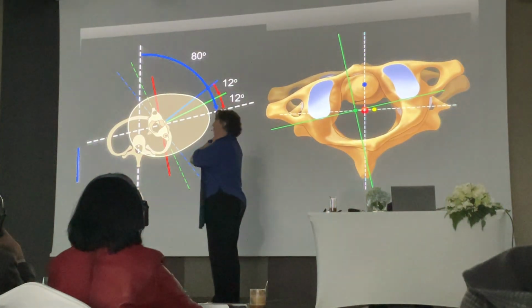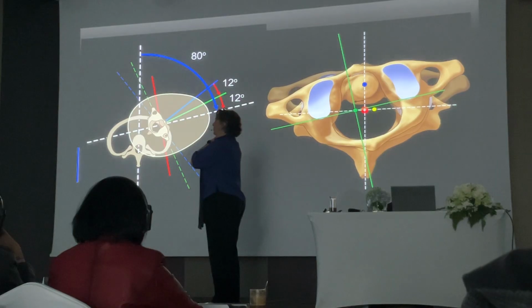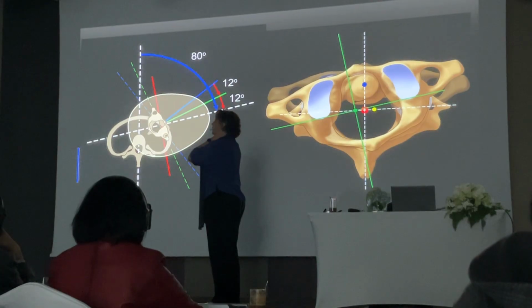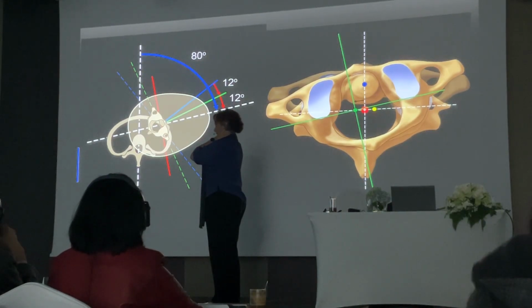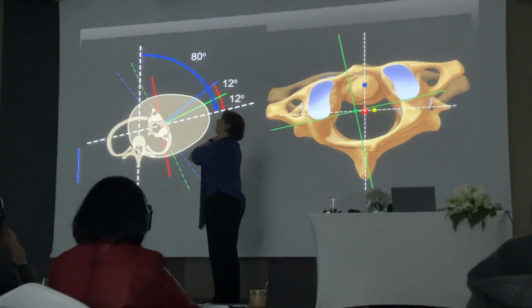Keep your lower neck stable, don't move it. I only want you to think about moving your head. So tip your nose upwards, and then tip your nose downwards. Just warm up that area, which is your C0, C1 joint.